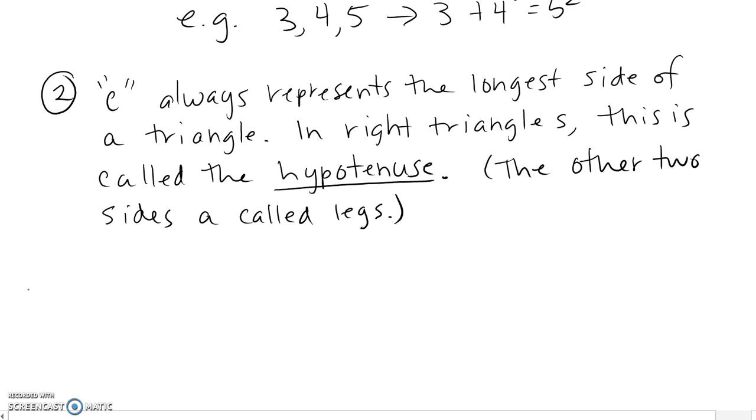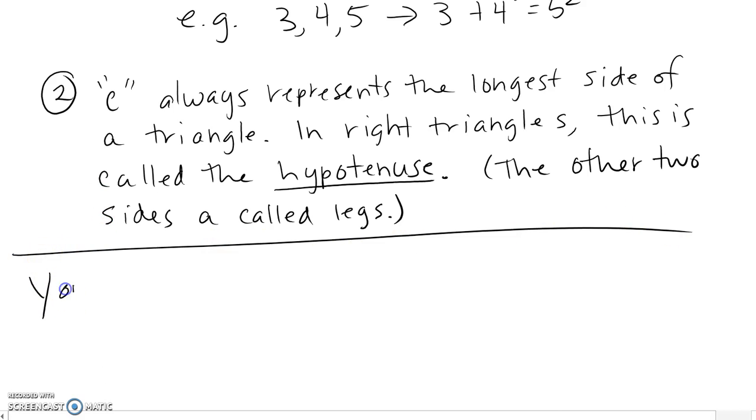What's kind of cool about the Pythagorean theorem, other than the fact that you can find missing side lengths of right triangles, which is what it's mainly used for, is you can actually use it backwards to figure out what kind of triangle it is. So this is the other notes.